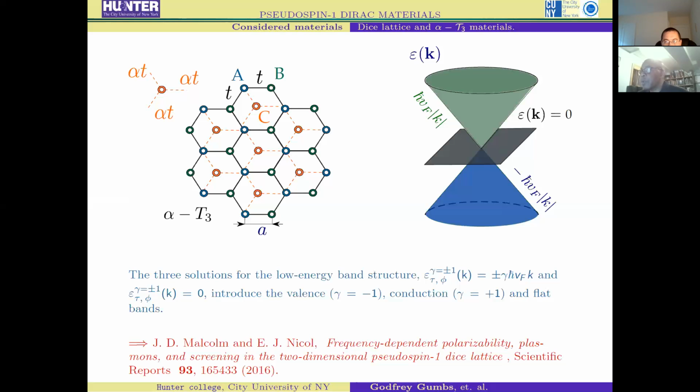Now, in passing, I should say that the alpha T3 is named for this parameter alpha, as well as the 3 atoms A, B, C making up the lattice. So that gives you the alpha T3 model.